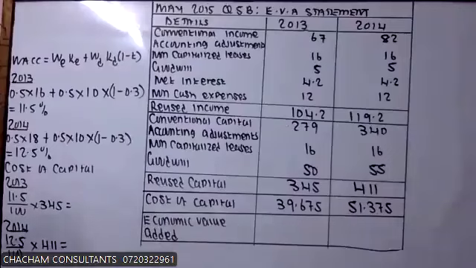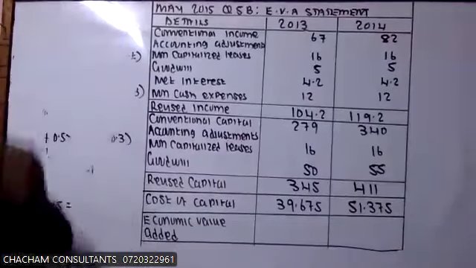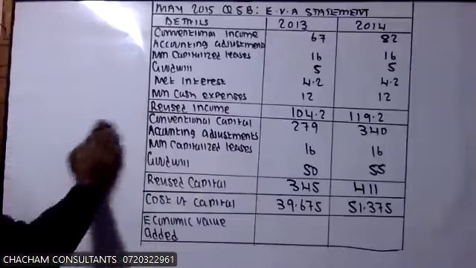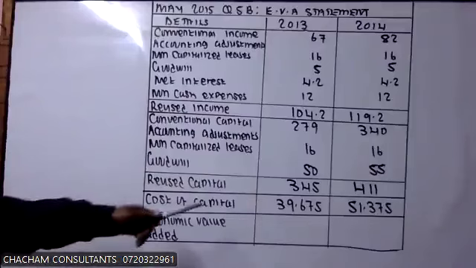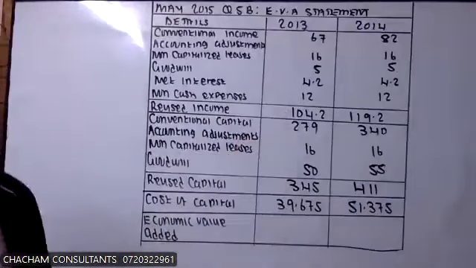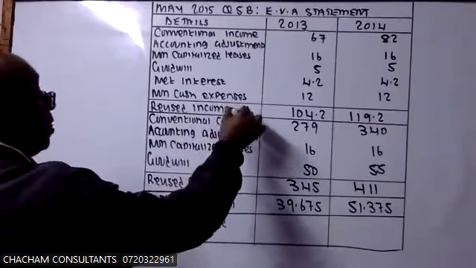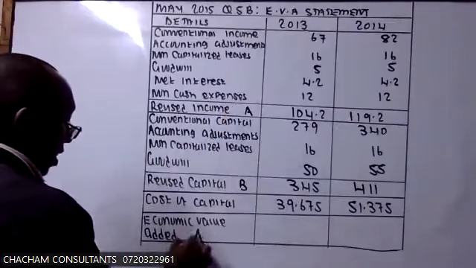So now get EVA. EVA is these revised figures. If you call this A, and this one you call B, then this is A minus B.